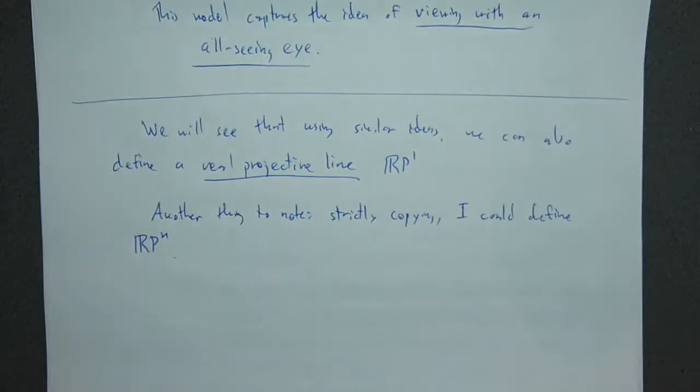Well, if I defined RP2 to be the set of lines through the origin in R3, then how do you think I would define, for instance, RP3? Right? It would be a set of some objects through the origin in R4.